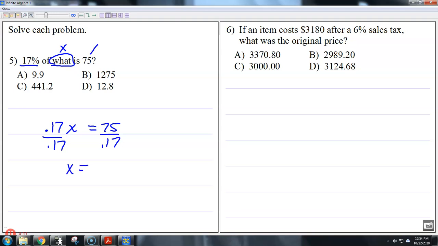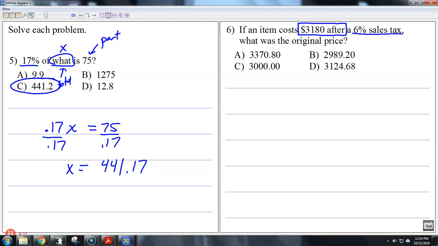It's, because we kind of have the part, we have the piece, but we don't have the total. So our x is kind of in that weird spot there. And so when we do that, we get 75 divided by 0.17. My bad. And we look like 441.18, aka C.